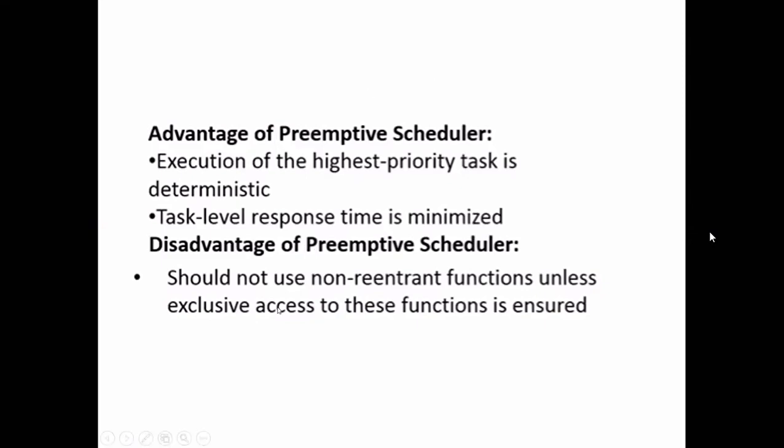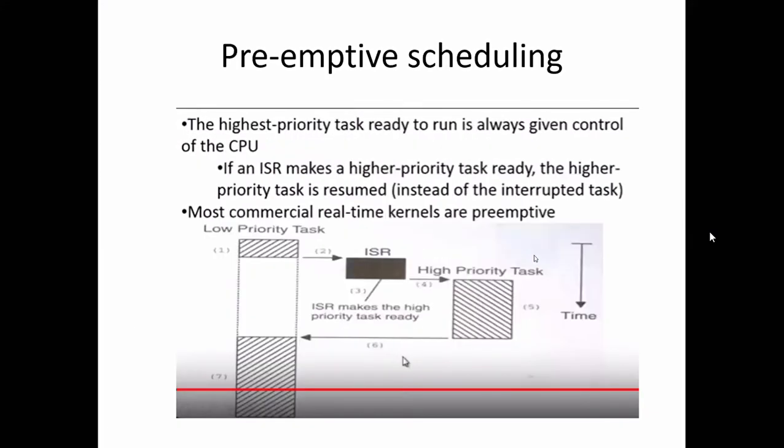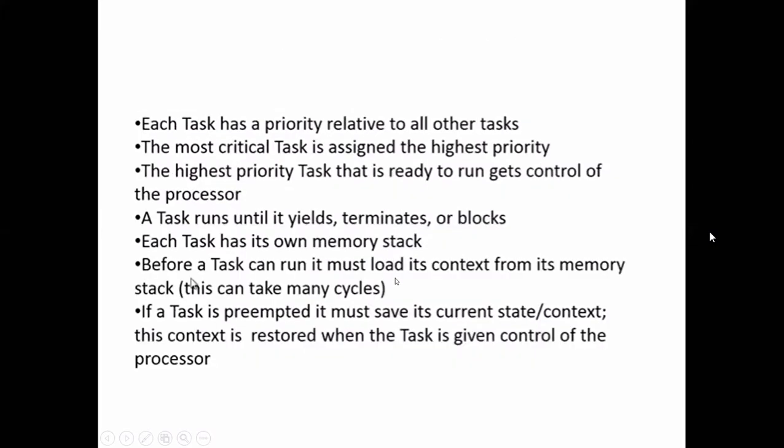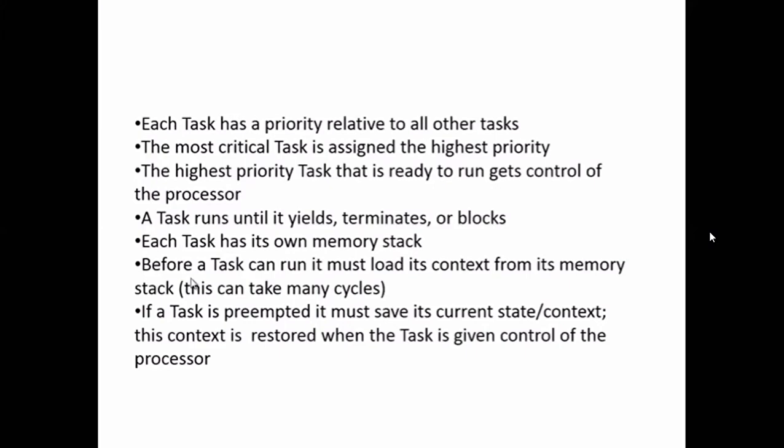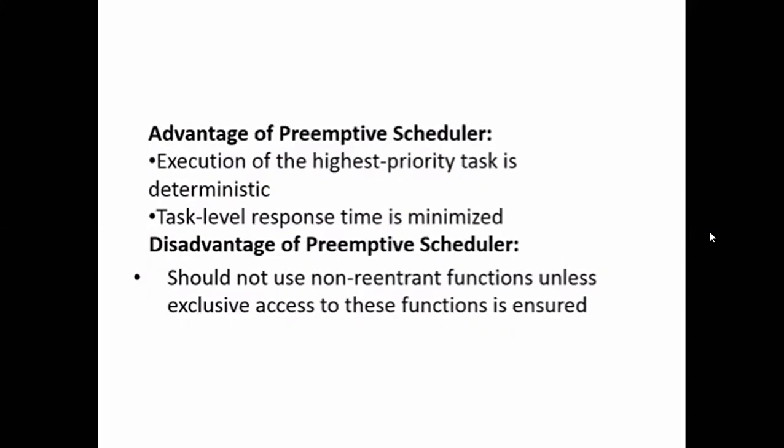Disadvantage of a preemptive scheduler: you should not use non-reentrant functions unless exclusive access to these functions is ensured. Sometimes this higher priority task might interrupt, but it might be some virus or some repeating function which has already entered the main program, and now it wants to enter again.